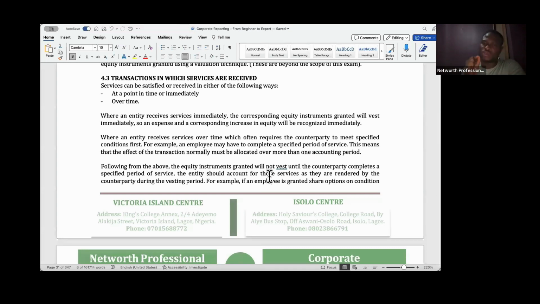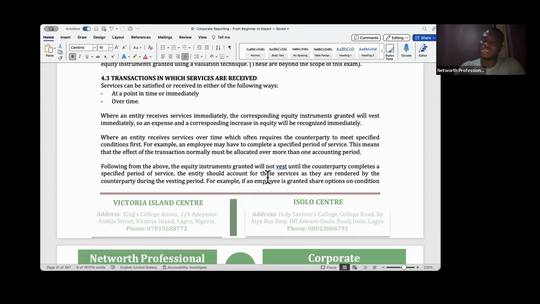Whenever you are required to make estimates in the exam, be sure that the examiner will give you a guide, or the examiner will give you the specific estimate. And don't forget, finally, that equity settled share-based payments must always be measured at the fair value of the share options at the grant date.